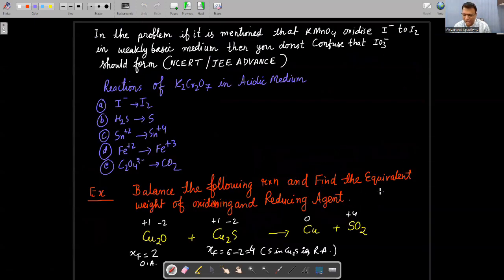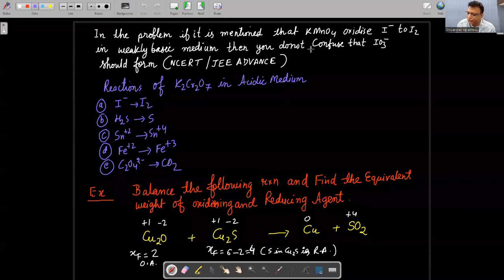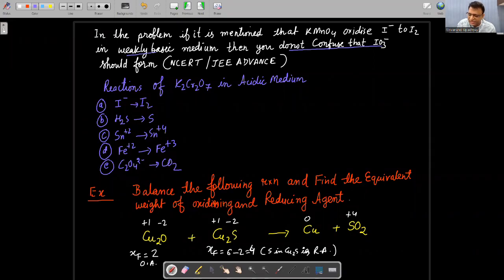Right. Now there are certain problems mentioned in NCERT, and since the question was asked in JEE Advanced, that's why I'm discussing this point. In the problem, if it is mentioned that KMnO4 oxidizes I- to I2 in weakly basic medium, then you don't confuse it with IO3-, because if you go through the text questions in your redox chapter, this reaction is given. They are saying in the question that I- is converted into I2 in weakly basic medium.